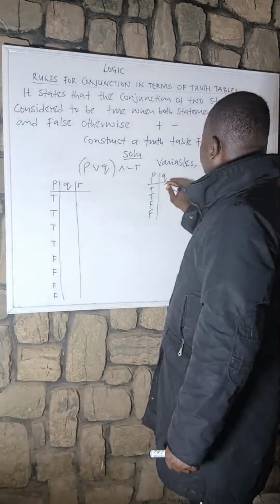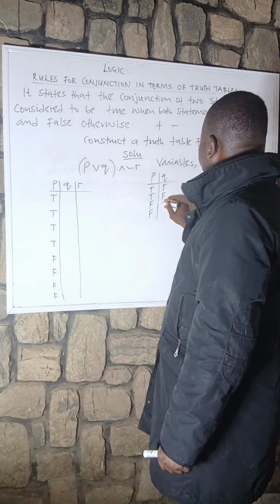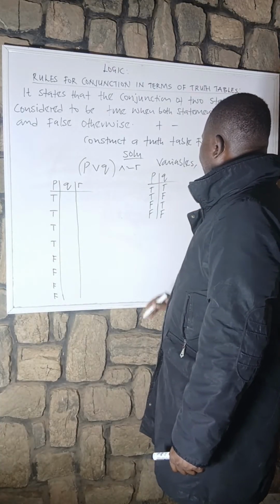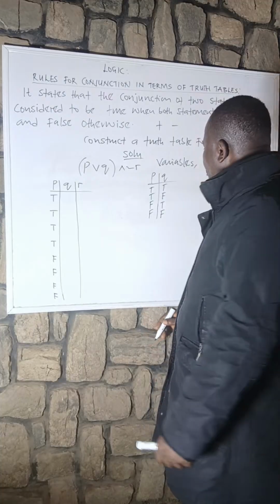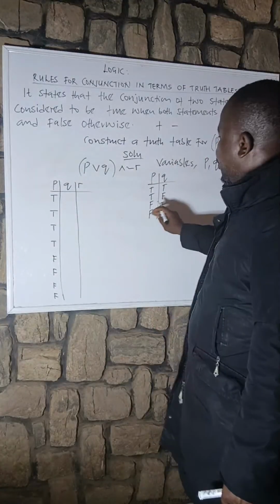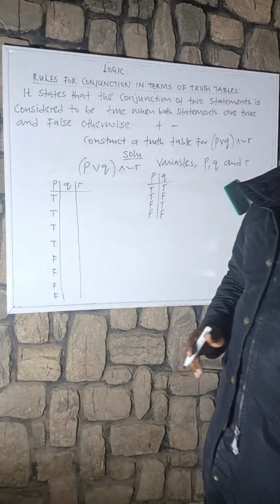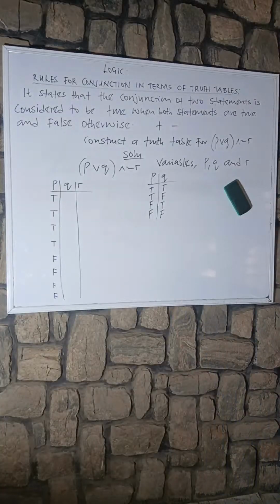So here will now be TF, TF. True or false? This is how it's supposed to be. Look at the board very well so that we learn together.